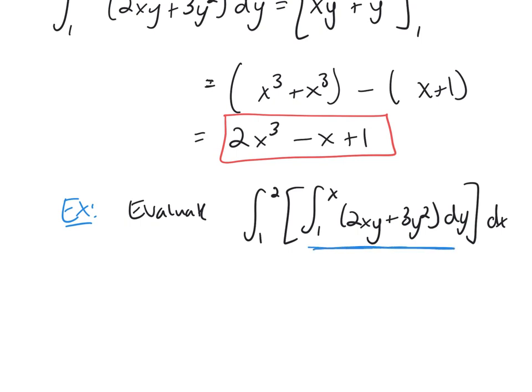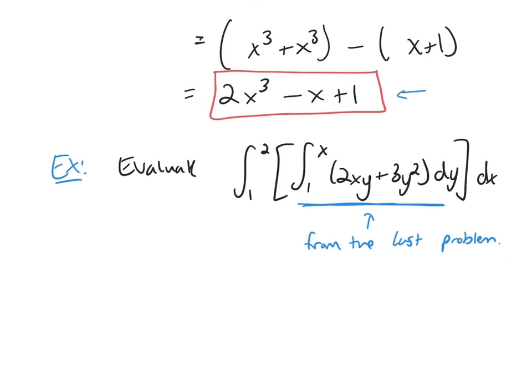This was the same integral that we just computed from the previous problem. We already computed that and we got this answer right here, 2x cubed minus x plus 1. So what I can do is now plug in that. So now I'm computing the integral from 1 to 2 of 2x cubed minus x plus 1 dx.